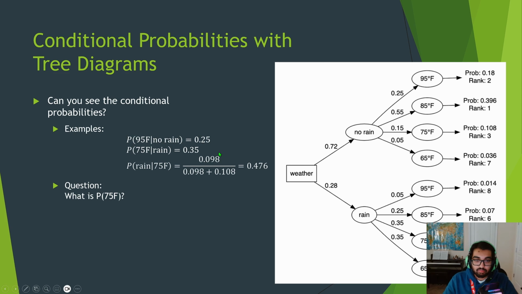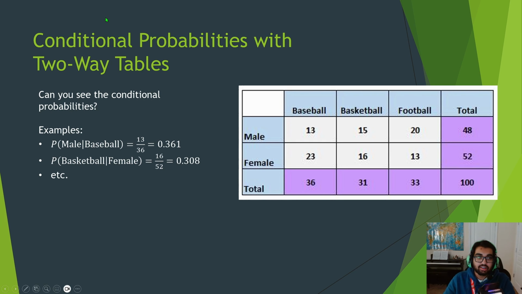So 0.098, the probability that it's 75 degrees and it's raining, which is over here, out of all of the times that it's 75 degrees Fahrenheit, which is 0.476. We can also see this with a two-way table.